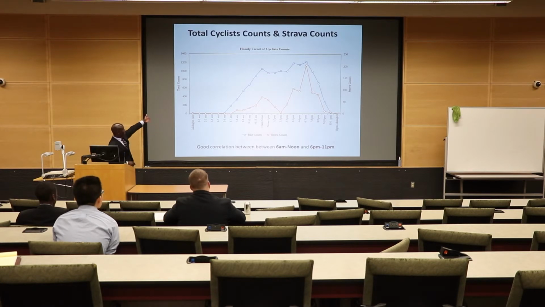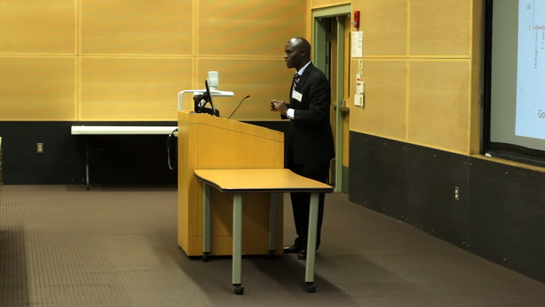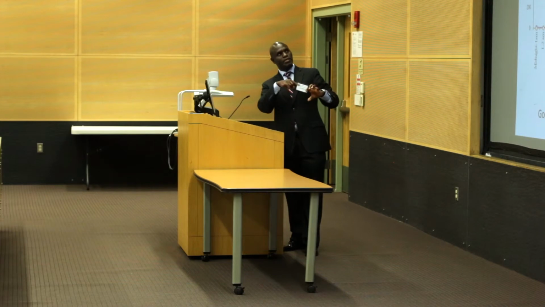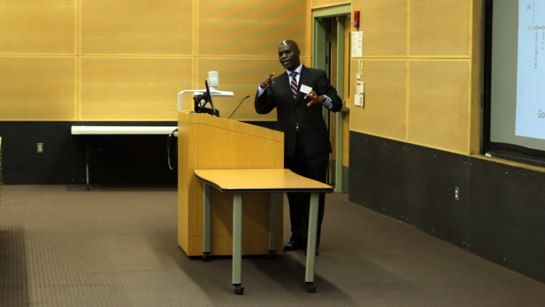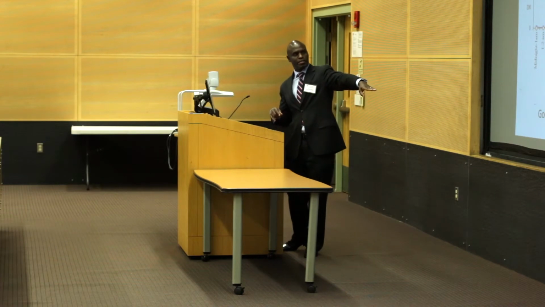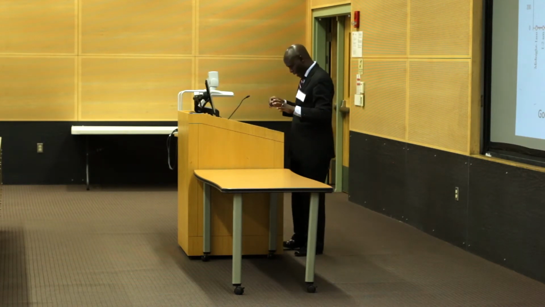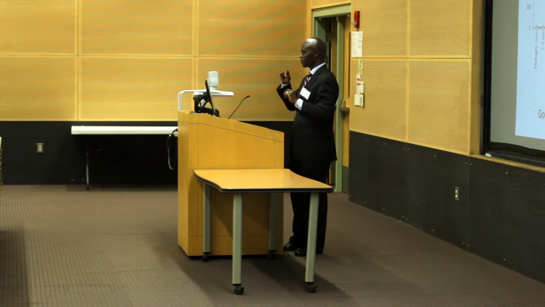The left scale shows total counts, which are the ground truth data, and the right scale shows Strava data. As you can see, the two graphs are kind of following each other. There is good correlation between 6 a.m. and noon, and 6 p.m. and 11 p.m., if you look at those trends.